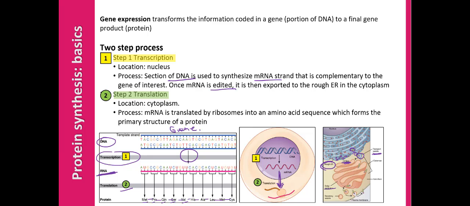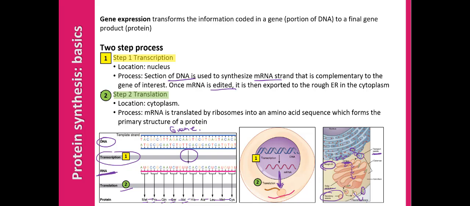The Golgi apparatus processes it and packages it, and then groups it into different secretory vesicles, where it can either be exported to outside the cell, or it can be integrated into the plasma membrane, depending on which protein we're talking about. So this is the overview of protein synthesis.